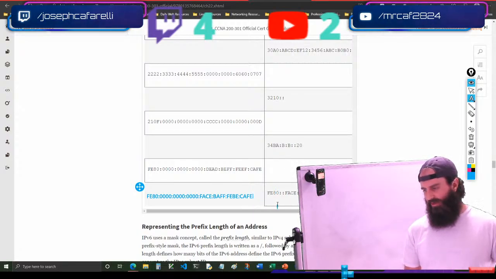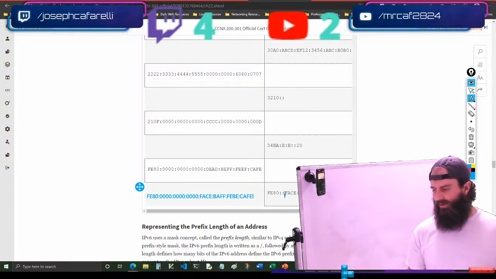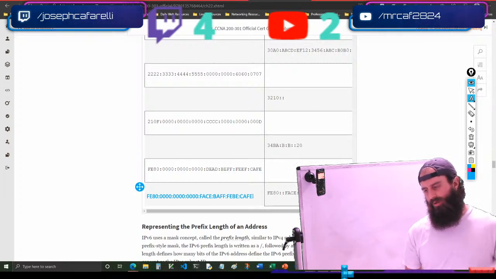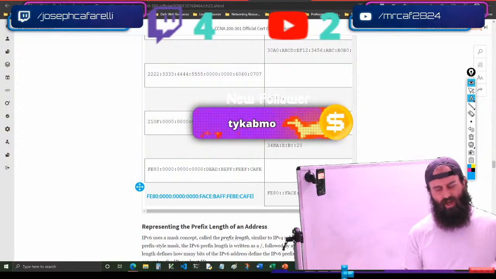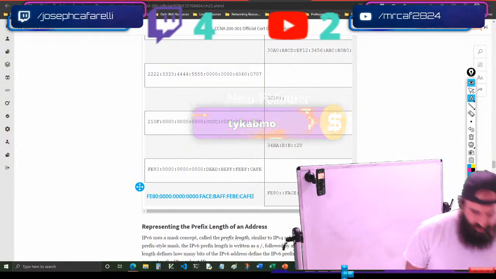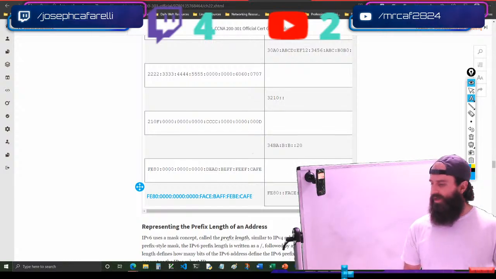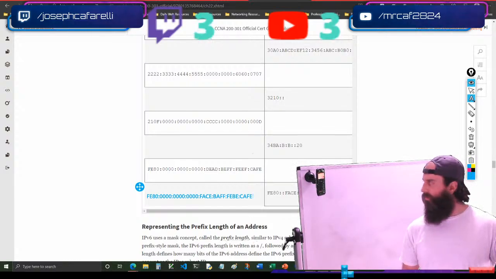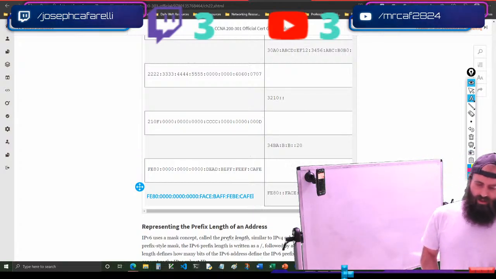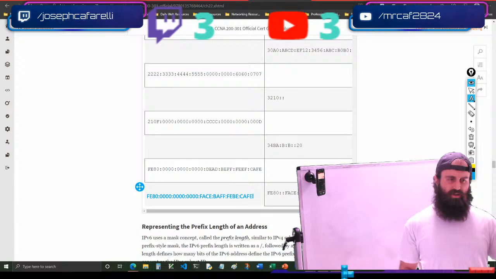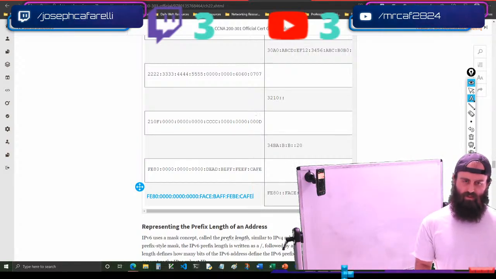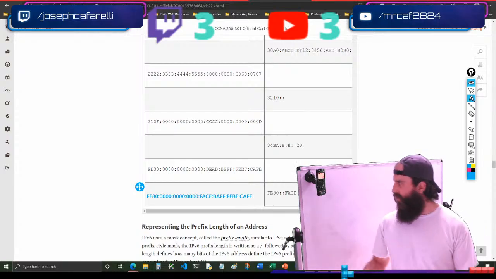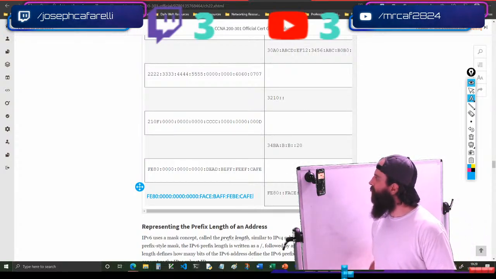So remember, leading zeros can be abbreviated all the way down, and if you have multiple continuous quartets with leading zeros, they can be abbreviated down by a double colon.